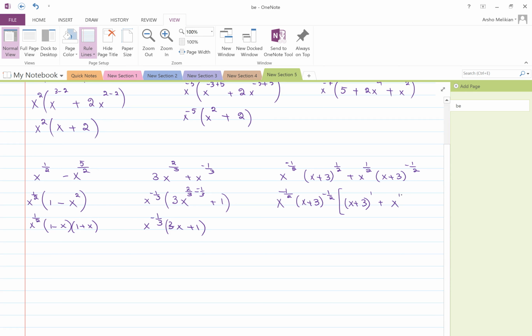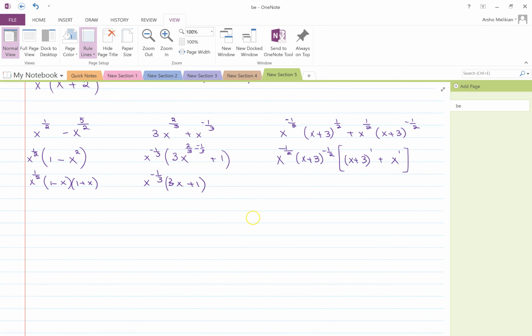And what about the x plus 3? That we took out. Okay, so that's all there. And simplifying, here I have x plus 3 plus x, so 2x plus 3. Okay, questions?